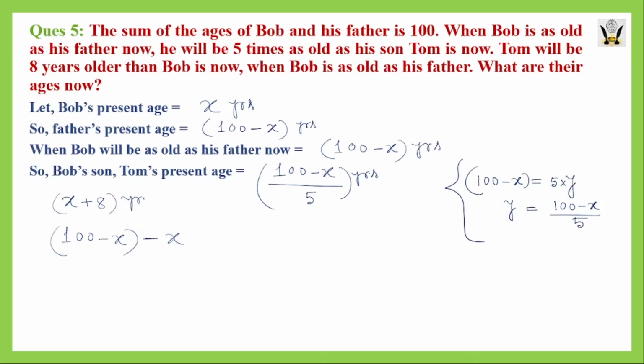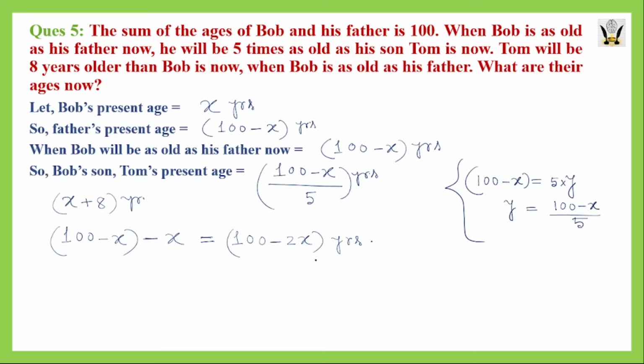So from that age, if I subtract my current age, then I will find the gap or the age difference. That's how it is done here. So that gap, or that age difference, means after how many years, we can find by this 100 minus 2x. So this is the time gap, 100 minus 2x years.